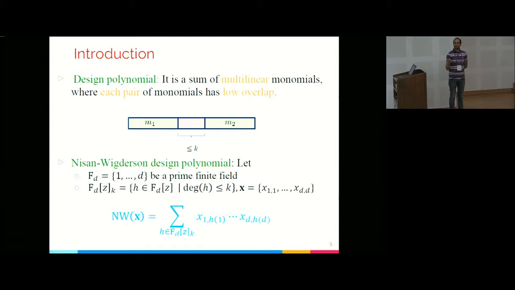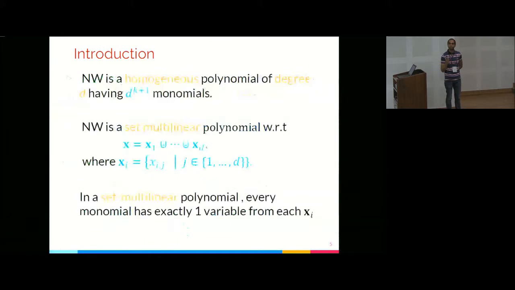Some observations. This is a homogeneous polynomial of degree d. The number of monomials in this polynomial is equal to the number of those univariate polynomials, which is d to the power k plus 1. In addition to this, this is a set-multilinear polynomial. Let me define what it is. Suppose we have a partition on the set of variables, say X1 up to Xt, where each subset Xi contains the variables of the kind xij, where j runs from 1 to d.